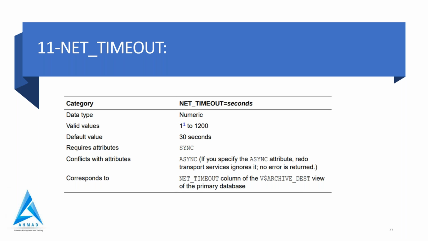It defines the maximum amount of time in seconds that the primary database may wait before disconnecting the subsequent destination after at least one synchronous standby has acknowledged the receipt of redo.